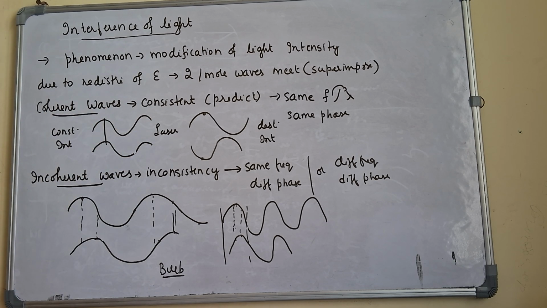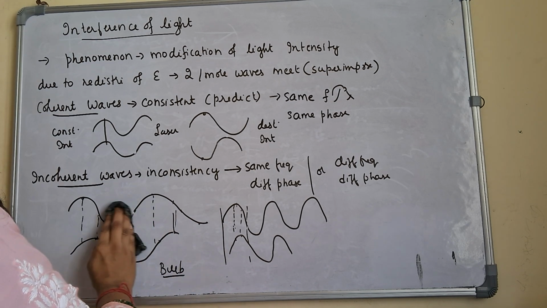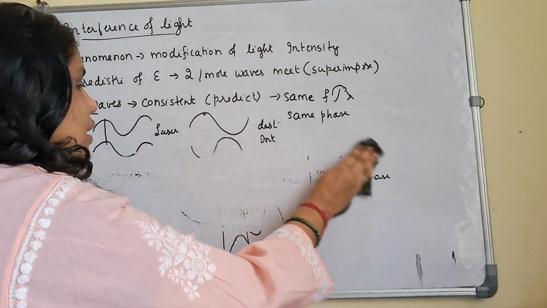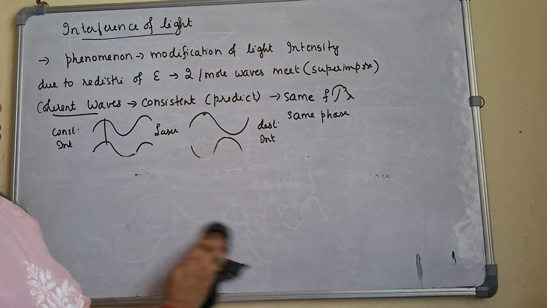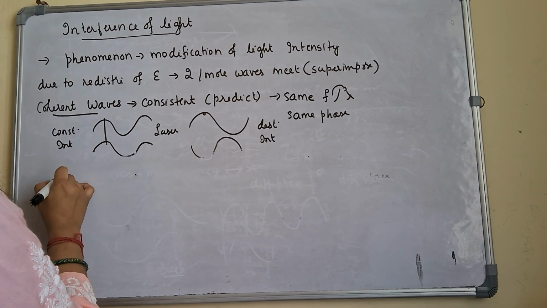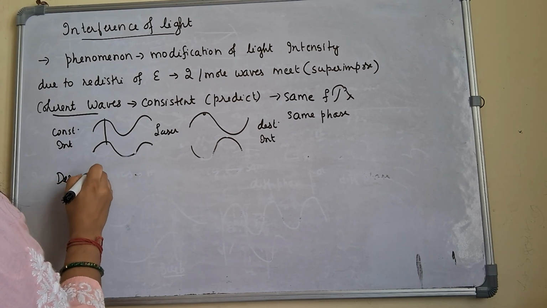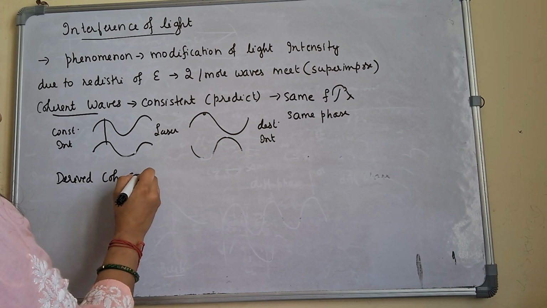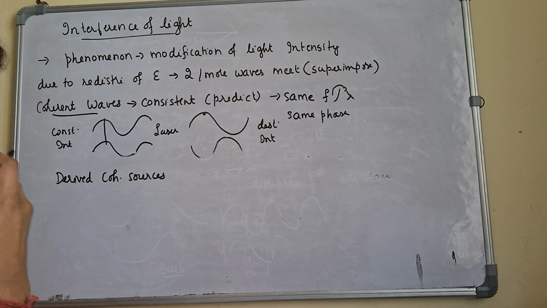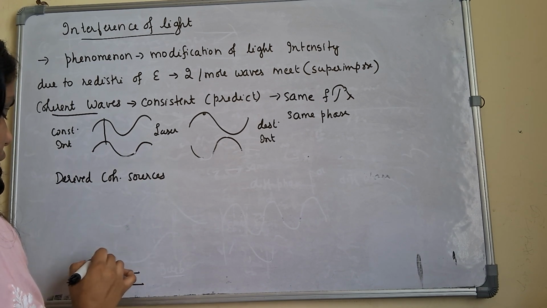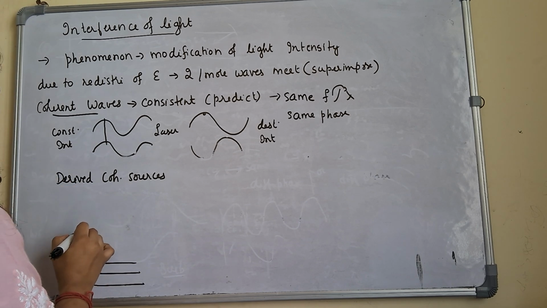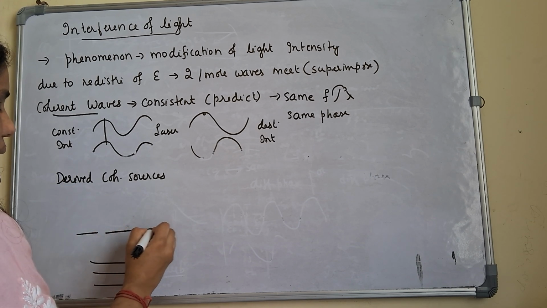There is something called derived sources also. How do I derive a coherent source? That is called derived sources. Let us understand. To derive coherent sources, I have waves here, and let us say I have a slit here.